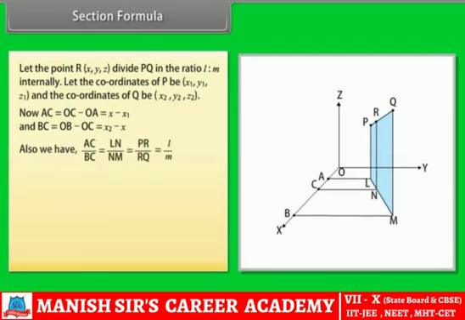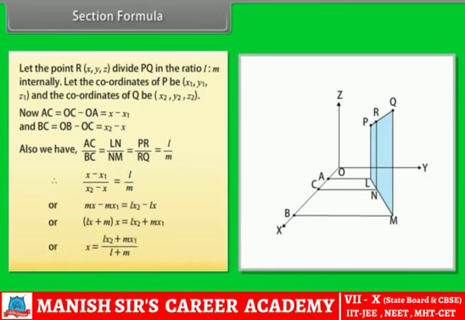Also, we have AC by BC is equal to LN by NM, which is equal to PR by RQ, which is equal to l by m. Therefore, (x minus x1) by (x2 minus x) is equal to l by m. On solving, we get x is equal to (l x2 plus m x1) divided by (l plus m).